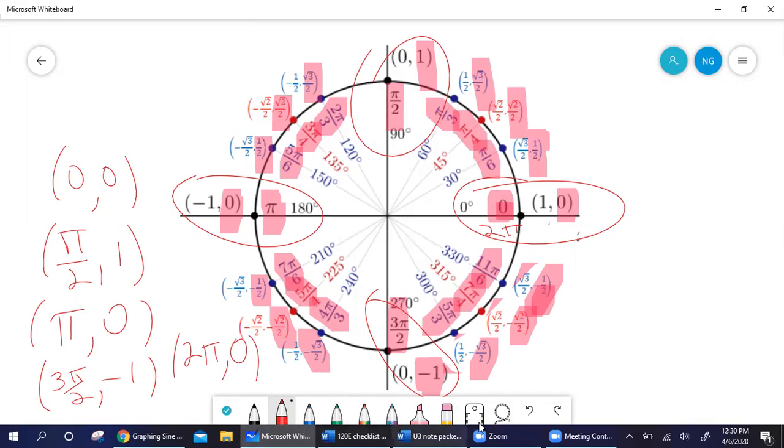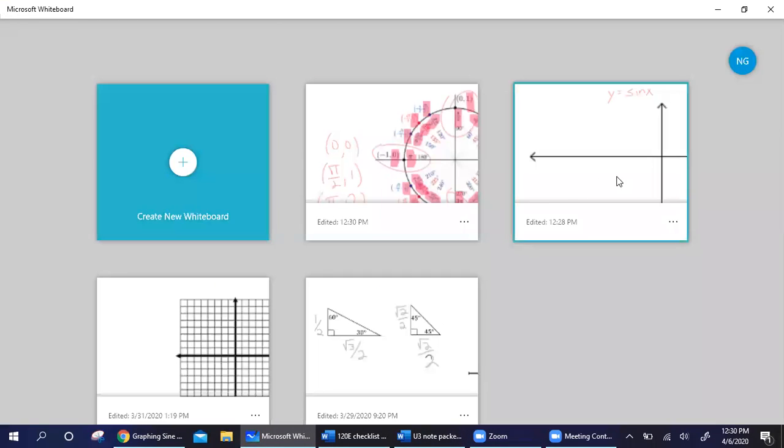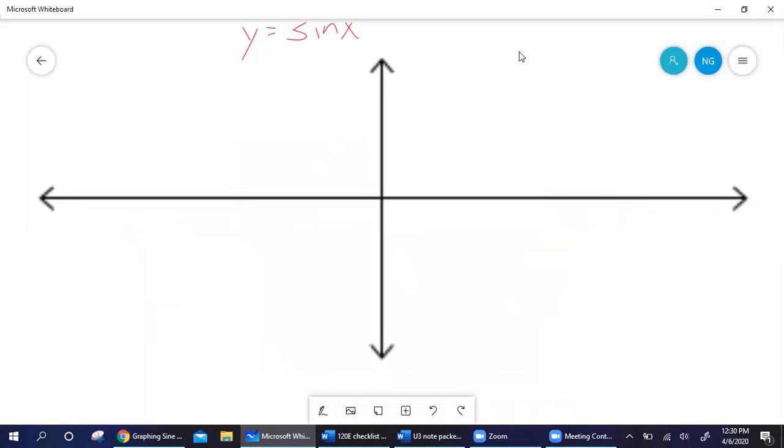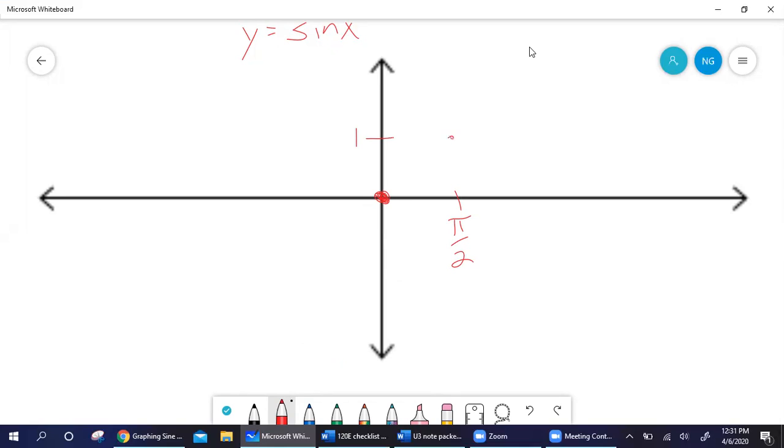So what does this mean? The graph for sine has a point at 0, 0. It has a point at pi over 2, comma 1. We'll just say 1's about up here. And remember, pi over 2 is just a number.